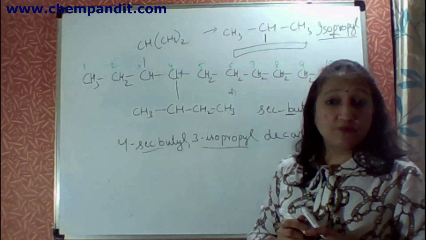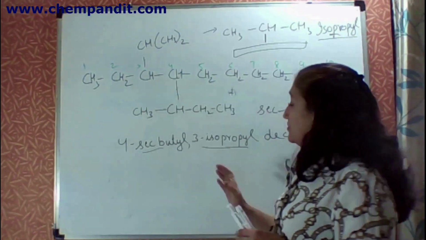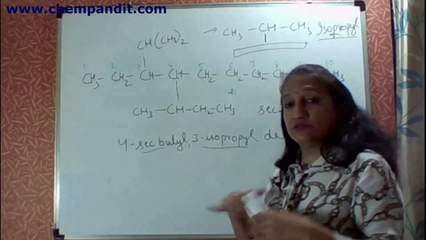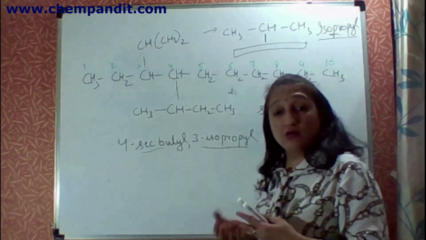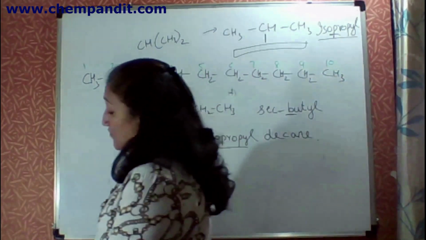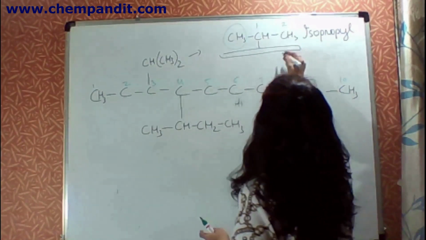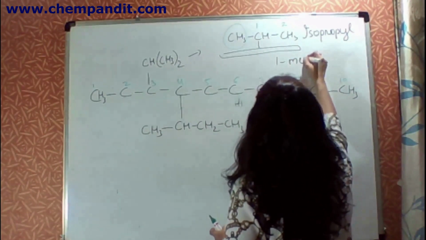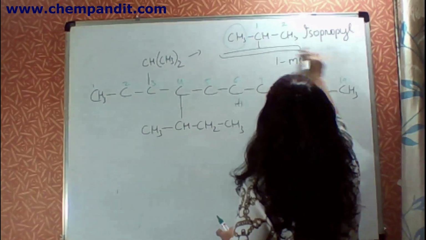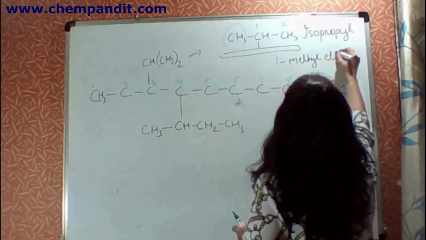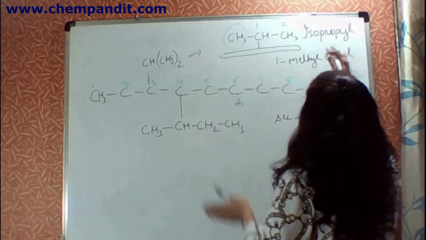They are not the IUPAC names. So writing common names is also allowed, but you can also write this in IUPAC format. How? So we can write the name as 1-methyl, 2 carbons, ethyl, 1-methyl ethyl.